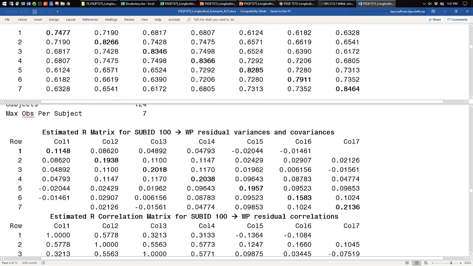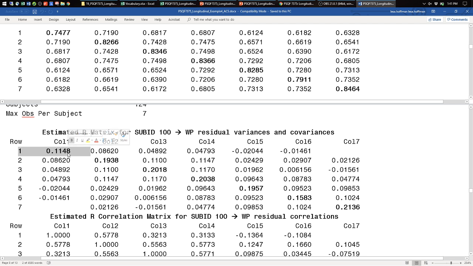Okay. Here's what R looks like after we take out the random intercept variance. So you'll note the last covariance is gone because we are assuming that the only reason it would have been there is random intercept variance and nothing else. That's for model identification. And here we go.